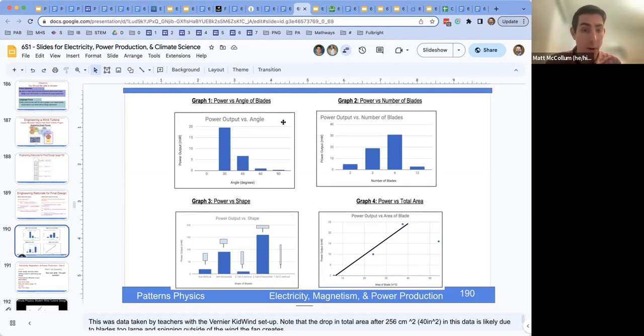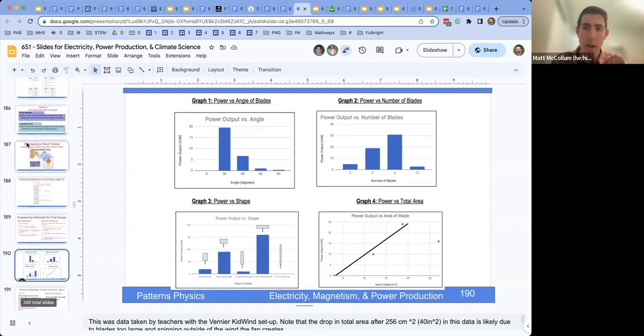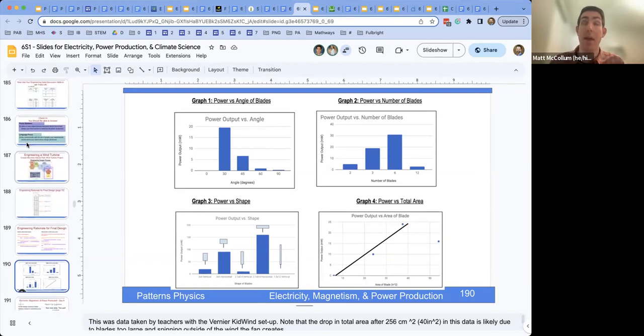The other thing to note is that in the slides, there are some suggested pre-made cutouts for these. Having pre-made blades, I know you mentioned it earlier, takes this from a 5-day activity to a 2 or 3-day activity.